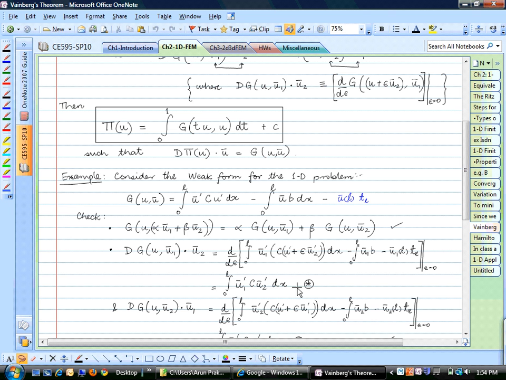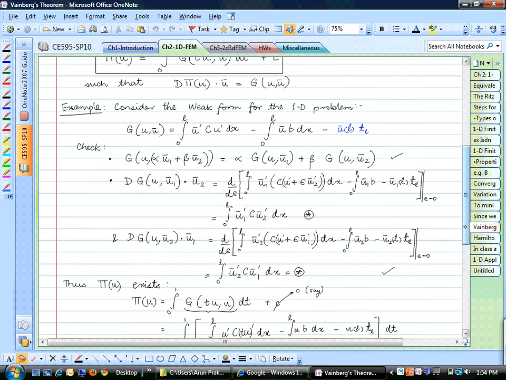So let me call this expression by star, and let's consider the right-hand side of that second condition. In the right-hand side, all that we have done is we've switched u1 bar and u2 bar. And once again, the only place that epsilon occurs in this entire expression is right here.